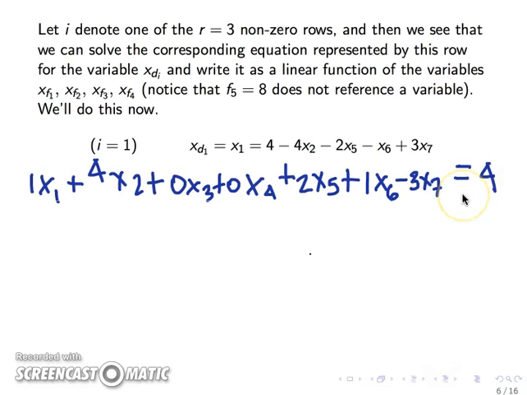We have to remember that that last column is made of the vector of constants.